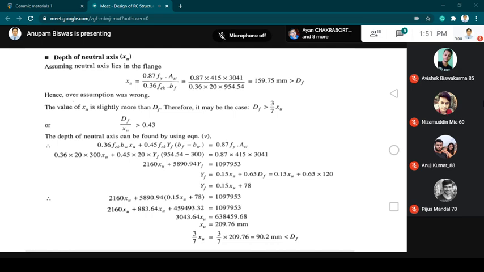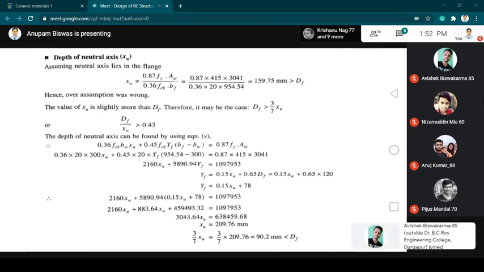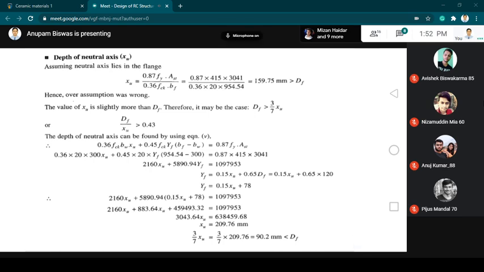So for this condition again I have to further check whether the values of the Df are within the range of 3 by 7th xu, less than 3 by 7th xu, or more. Okay, as discussed in the previous class, we know why this has to be checked. So now here we can see that it is the case for Df more than 3 by 7th xu.